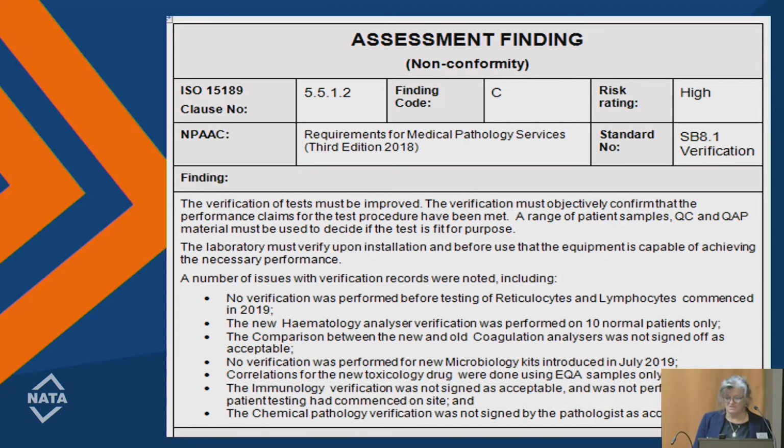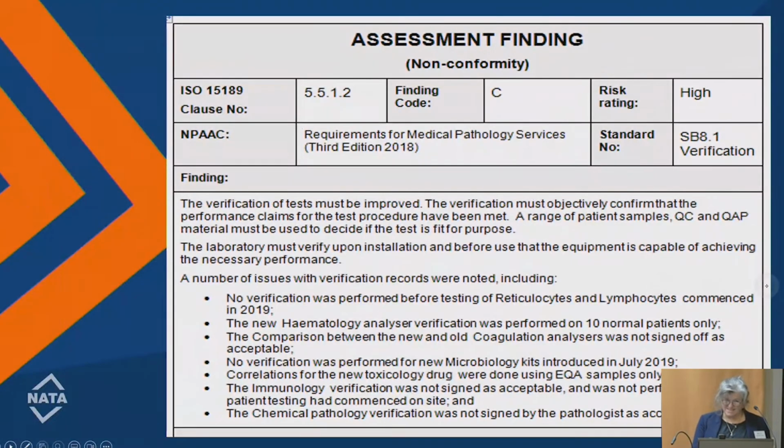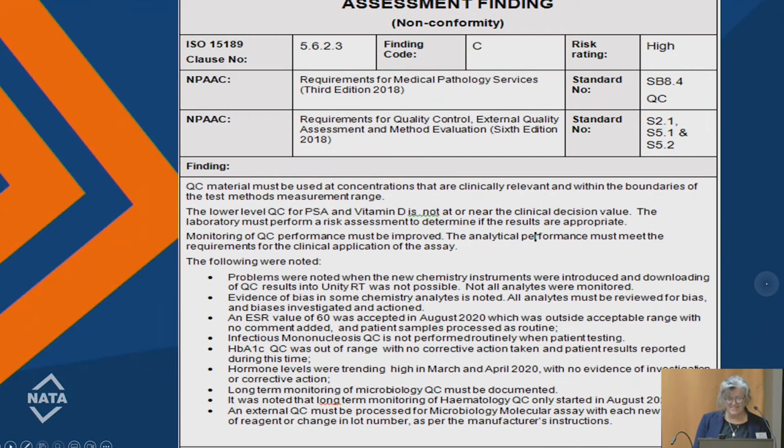The correlations for the drug screen were only used QAP samples. The immunology verification was not signed as acceptable and was not performed till after they'd started testing, and that's actually quite common. We do find that when you go out there, people will actually start doing the testing and then do the verification, or then sign it off. Sometimes they get backdated, but we can't do anything about that.